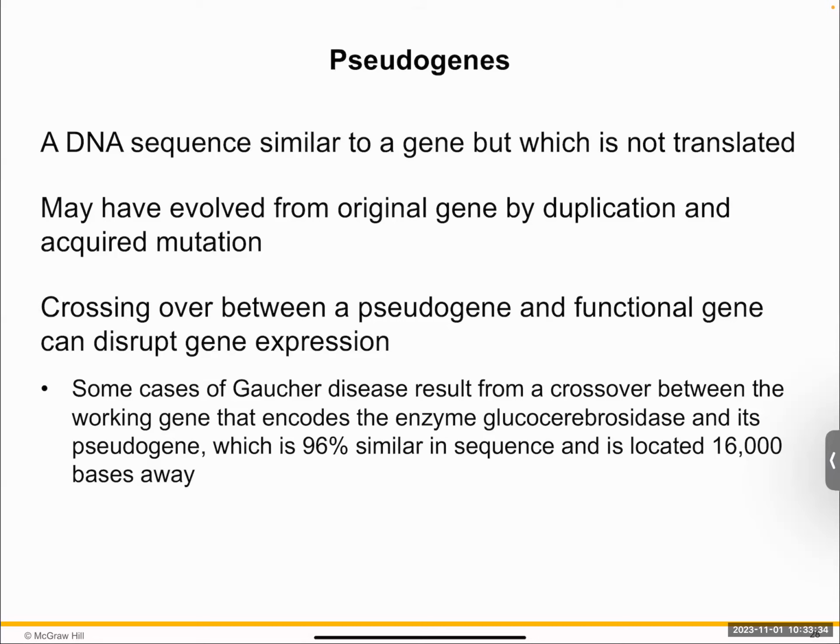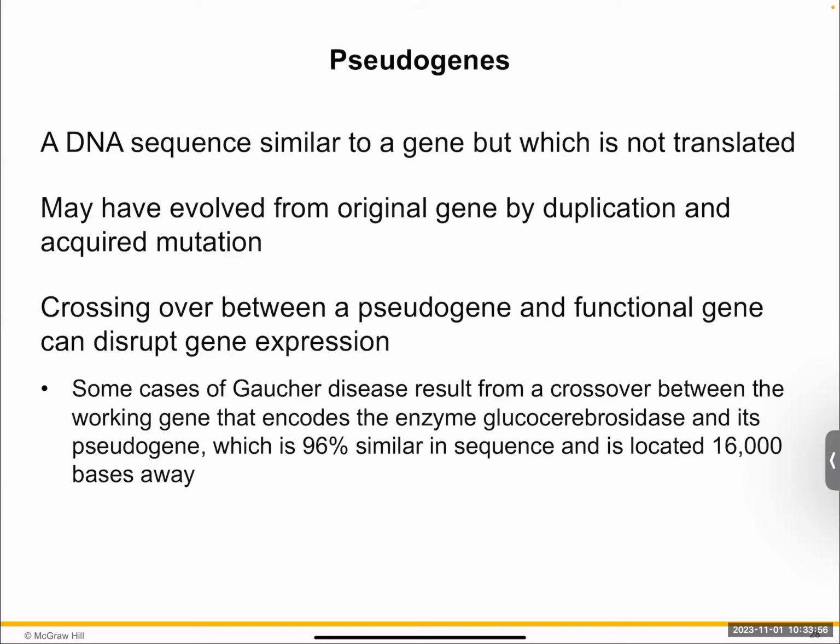In some medical conditions, part of the pseudogene gets crossed over with your healthy gene that encodes a proper protein. This disrupts and affects the final protein synthesis.